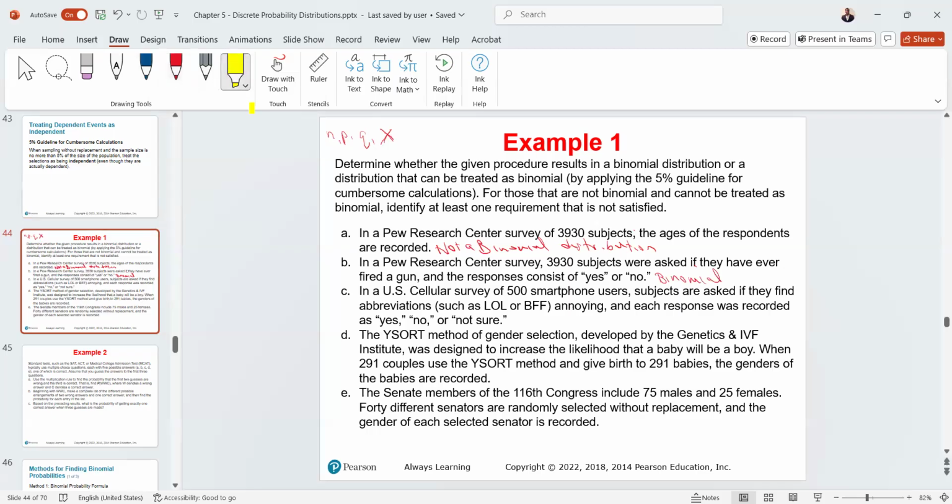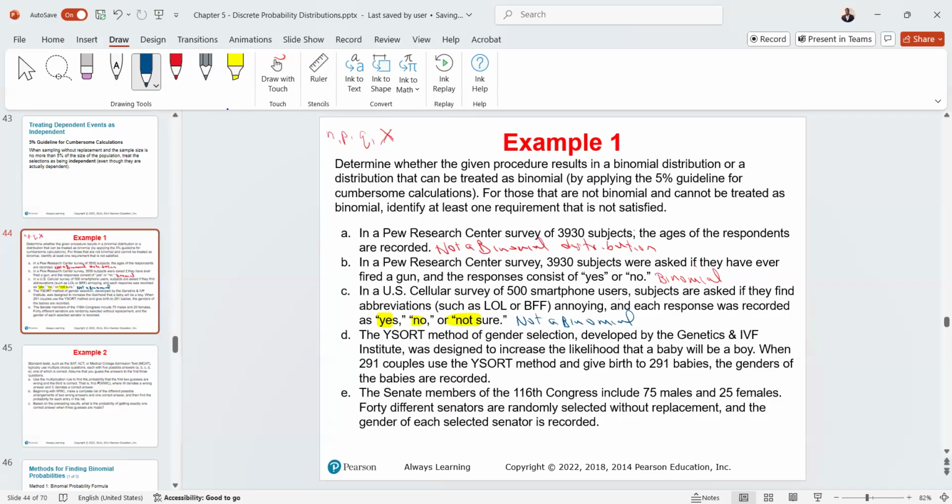You have three answers. Do you feel like it's a binomial distribution? No. Three answers cannot be a binomial distribution. Not a binomial distribution. Each response has more than two possible outcomes.